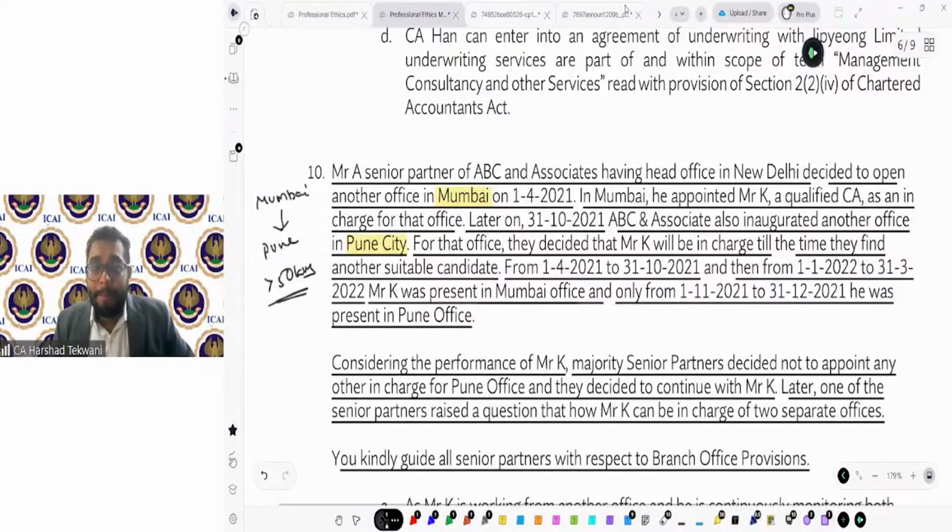Now, in that case, I can say that Mr. K can be associated with only one office. For the purpose of association, I have provided dates in the question. From this particular time to this particular time, he was present in the Mumbai office. This is more than 182 days. So Mr. K was in the Mumbai office for 182 days or more.